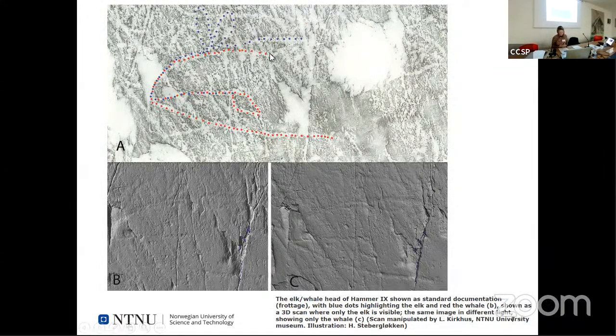And the joining of different images is something that we can see in many sites in Scandinavian rock art, particularly from the Stone Age period. So this isn't something new, but what is new is that we actually could see this changing when we shift the light. And the effect of the shifting light angles affecting the way we interpret different animals scaffolds us.